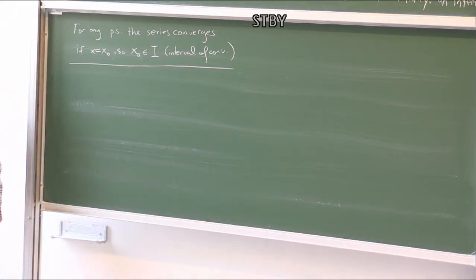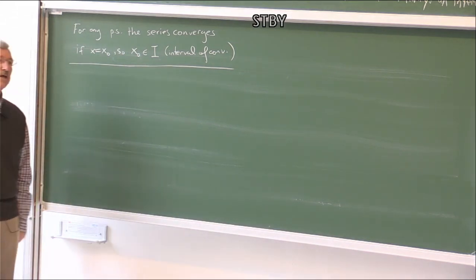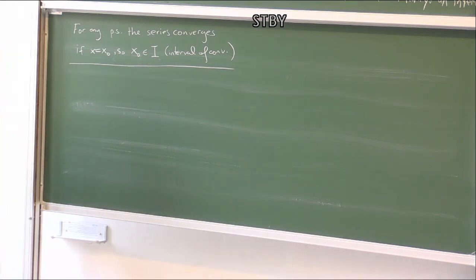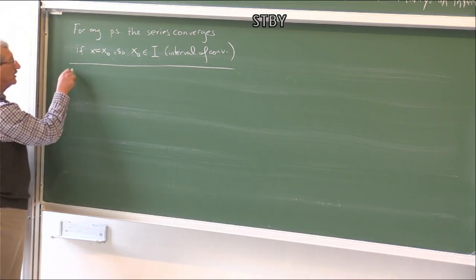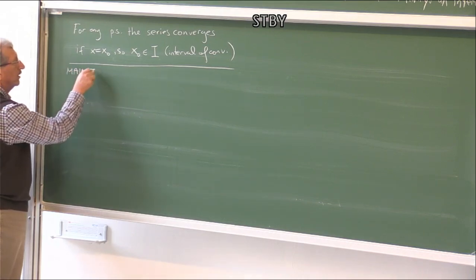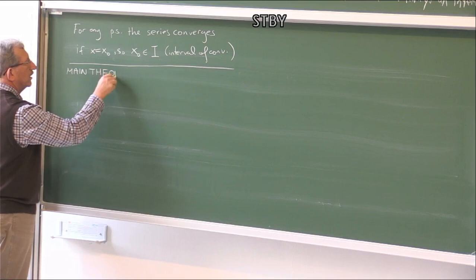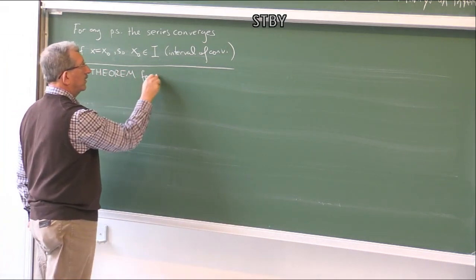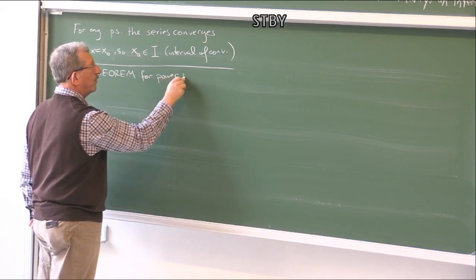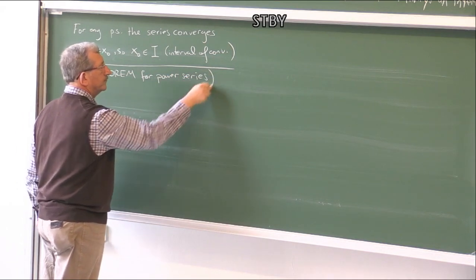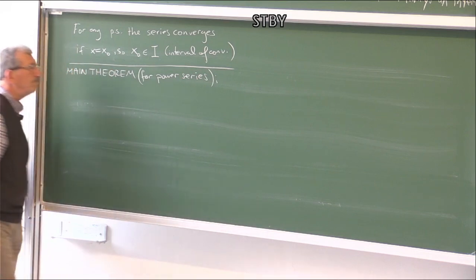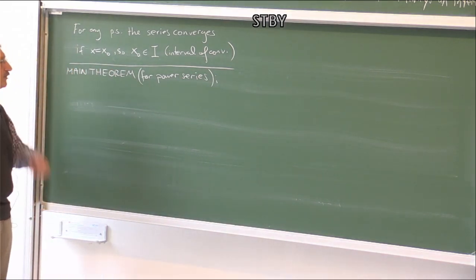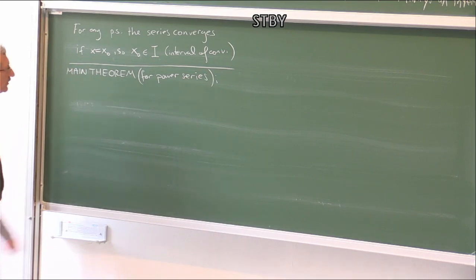Now, this is summarized in a rather long theorem that I will state now. I will call this the main theorem for power series. We will not be in a position to prove it, but we will try to understand what it really says.